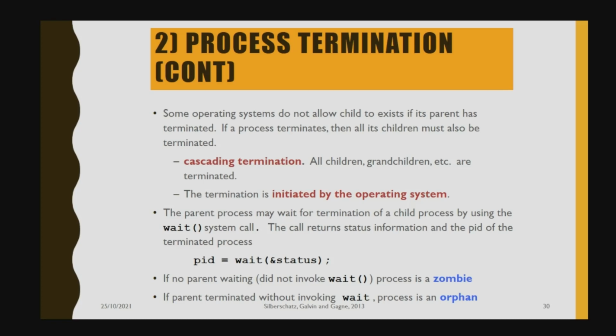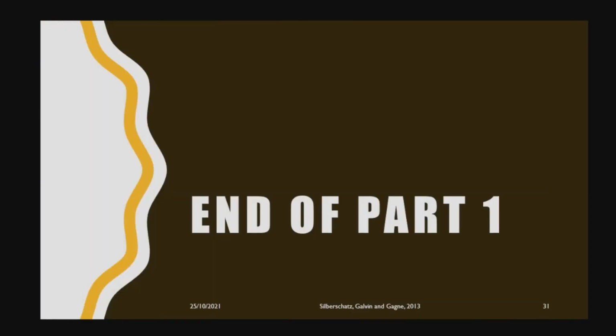There are several options and several system call functions that are called for certain parts. So that's all for the first part of chapter 3. We will continue in the next session on chapter 3. Okay, that's all. Thank you and assalamualaikum.